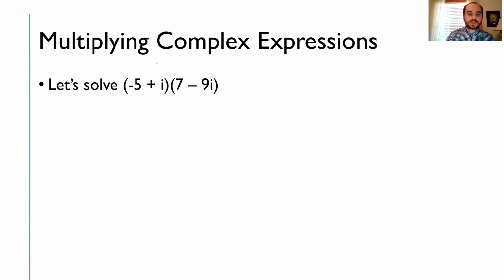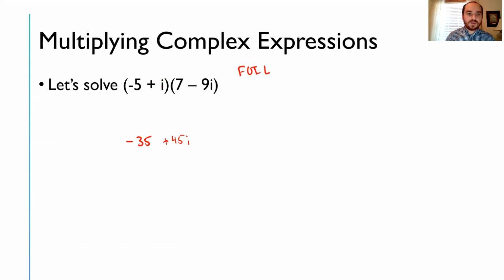So we have to FOIL this expression just like we would doing our quadratics. So first we have -5 times our firsts. We have -5 times 7. That's -35. Then we have our outsides, so -5 times -9I, that's plus 45I, right? 45I.